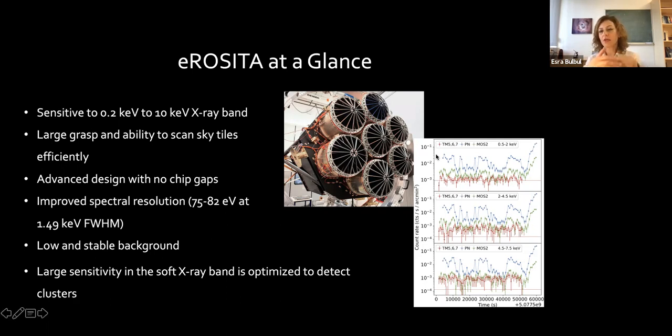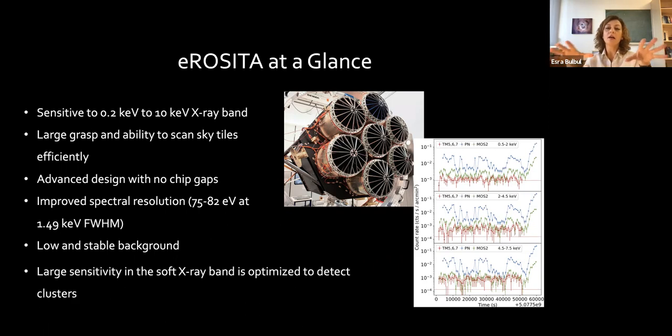This plot shows you a comparison in the X-ray background. Blue and green are XMM-Newton, taken in the same time period, and in red we see eROSITA's background in different X-ray bands. You can see we don't see much variability in the background. It's stable and it's low. This is very important because clusters of galaxies, which are the main goal of eROSITA, are very faint objects.